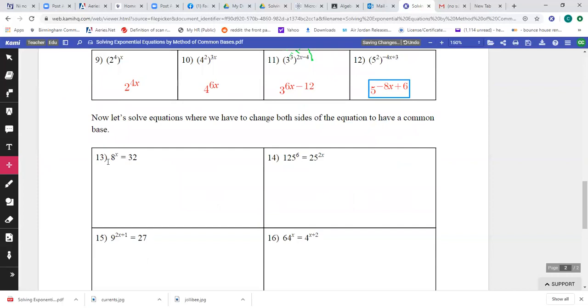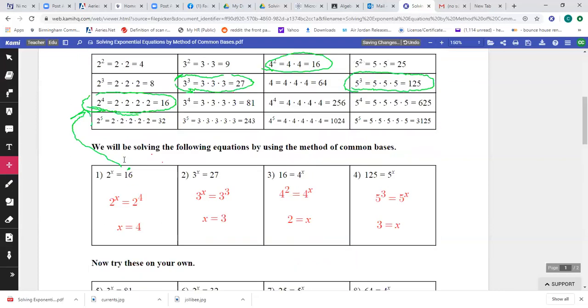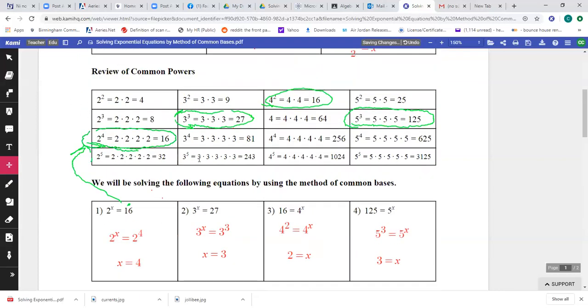Now, if I do 8 squared, that's already 64, right? So I cannot make 32 have a base of 8 because I cannot multiply 8 times 8 and get 32. So what I'm going to do is use the table here and find which of these bases I can use for 8 and 32.